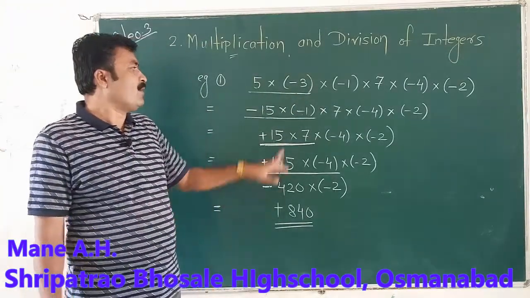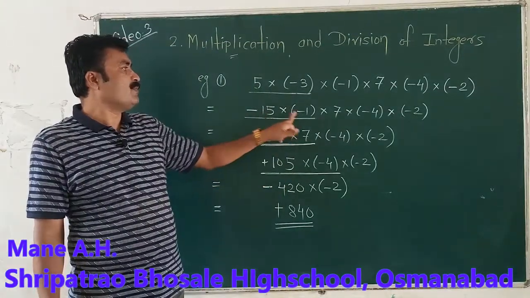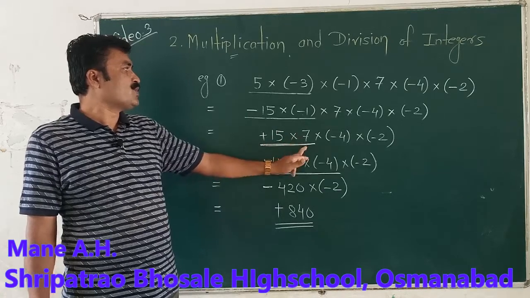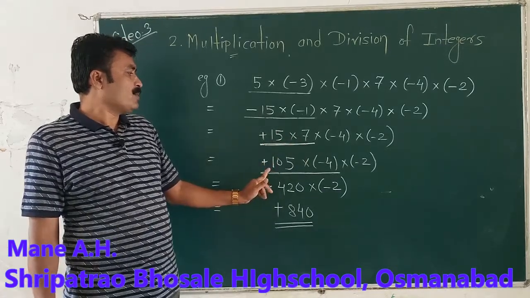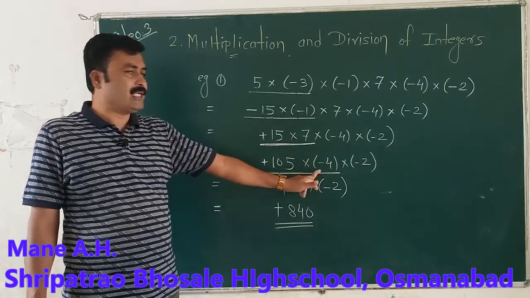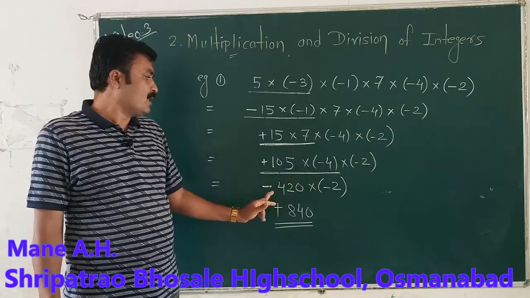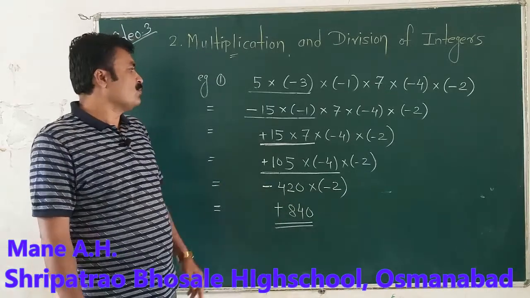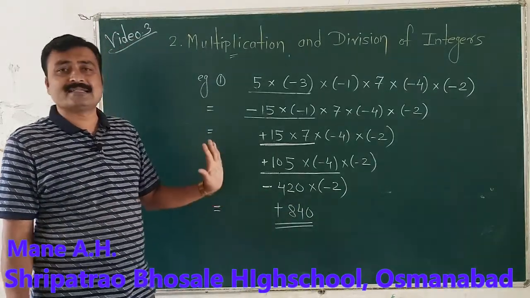We apply all the rules here: multiplication between two negative integers, two positive integers, one positive and one negative integer, and then between two negative integers again.